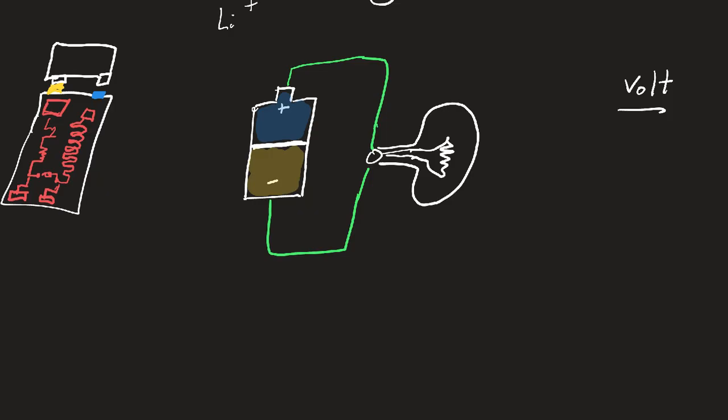Okay, so what happens when you connect the wires from the positive to the negative? The metal's connecting it. What's going to happen? No, it's not. It's going to discharge. It's going to be opposite from charging. Connect the two wires together. What's going to happen?